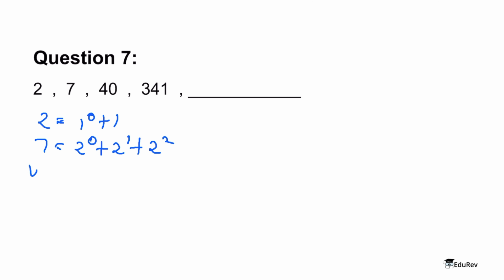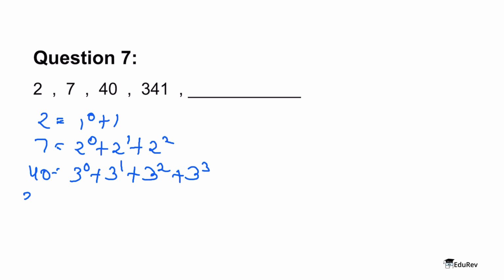Then what is 40? 40 is 3 to the power 0 plus 3 to the power 1 plus 3 to the power 2 plus 3 to the power 3. So I can see that you understand the pattern: for the next number we take the consecutive series 1, 2, 3, then 4, and add powers up to the nth number.